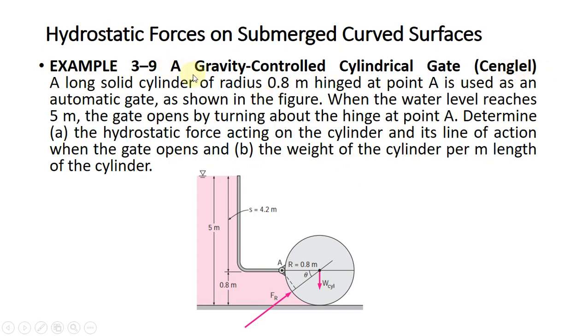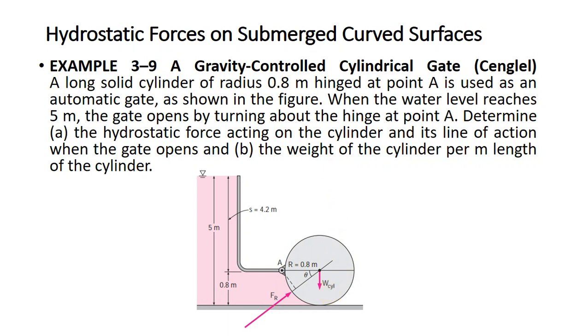We have a gravity-controlled cylindrical gate. A long solid cylinder of radius 0.8 meters is hinged at point B, and it is used as an automatic gate as shown in the figure.